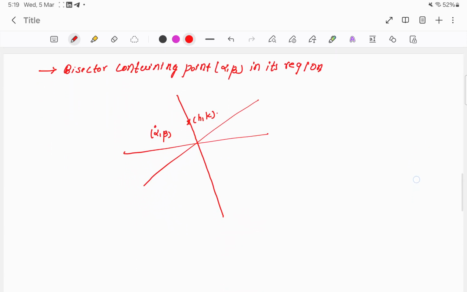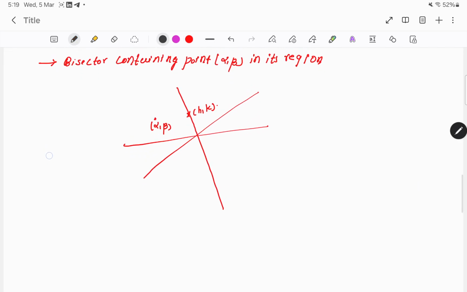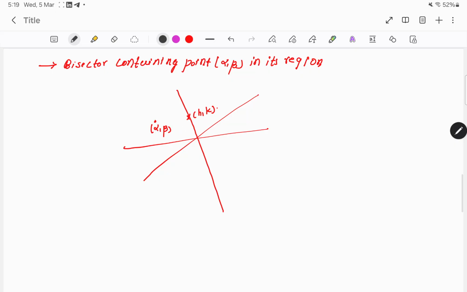Now if the bisector contains the point alpha comma beta in its region, see, this alpha comma beta must not lie on the line. If it lies on the line, then that line becomes 0.